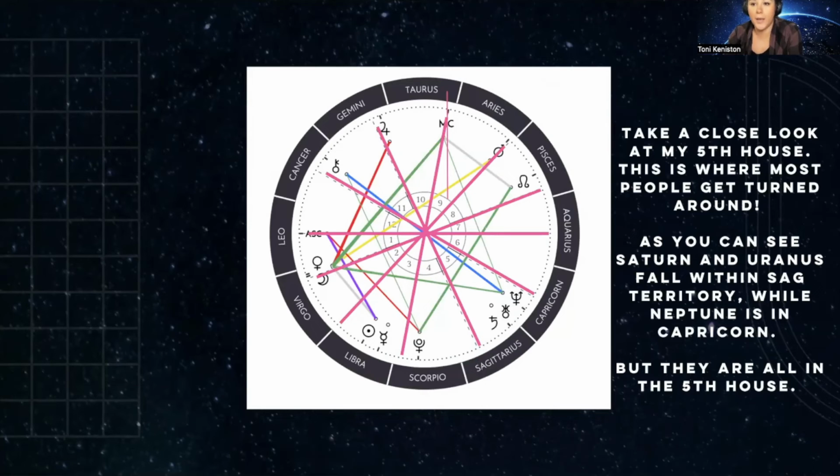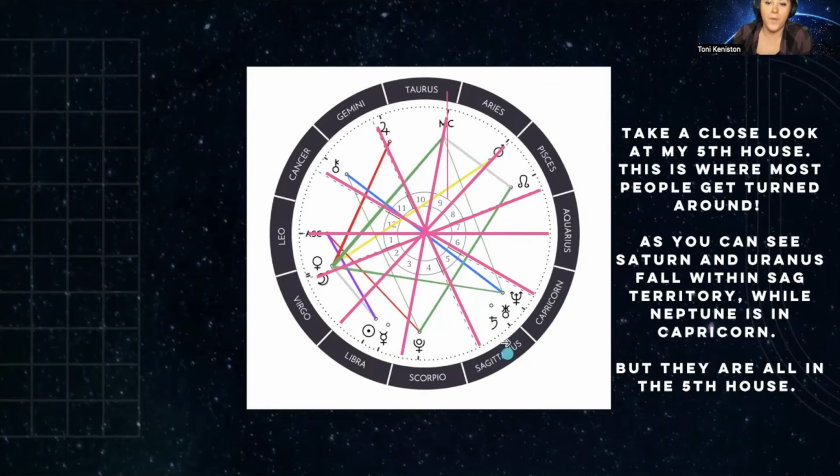And how could Neptune be in that house then if my Neptune's in Capricorn? But if we look at where Sagittarius's line is drawn right here, it cuts off these two, Saturn, who else is it? Saturn and Uranus, right in the middle of my fifth house. My fifth house is shared by half Sagittarius and half Capricorn.